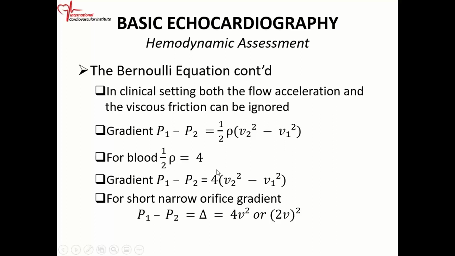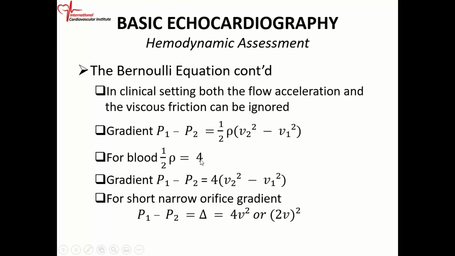So when you simplify the equation, you get 4 times the velocity at point 2 squared minus velocity at point 1 squared. If you have a narrow or short obstruction, you can ignore the velocity at point 1.